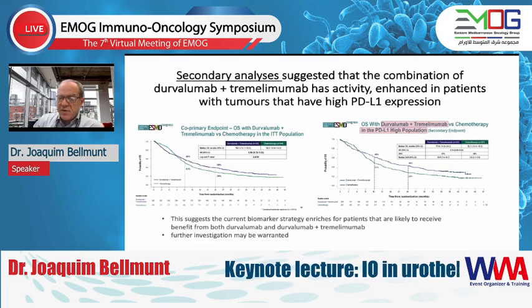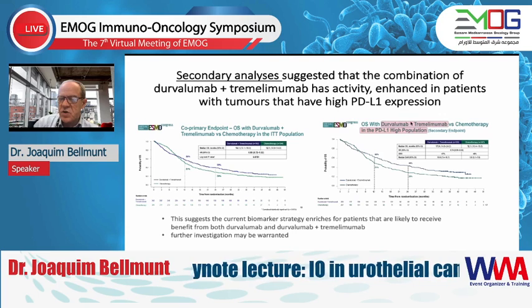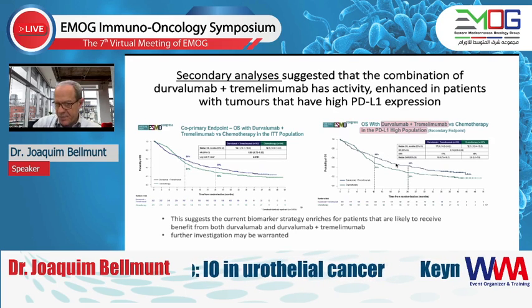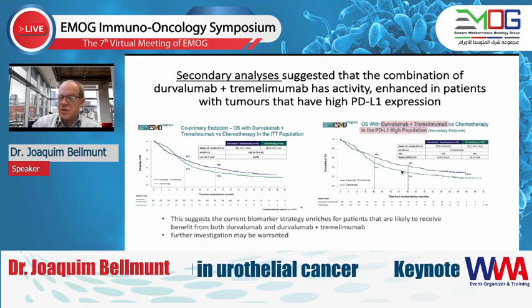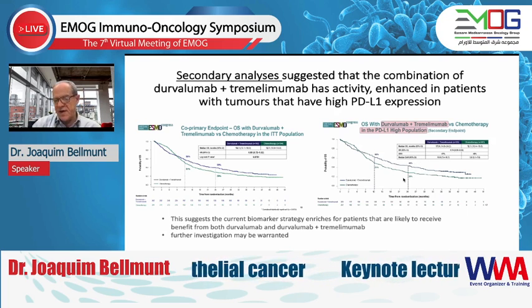The only thing that was found interesting in this trial is that when the comparison was done between durva-tremelimumab versus chemotherapy in the PD-L1 positive population, this was positive for survival. Again, this was not a primary endpoint. This was a secondary endpoint, meaning that this trial was finally negative.